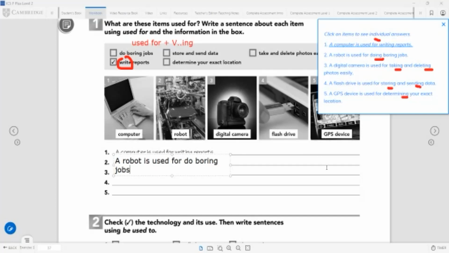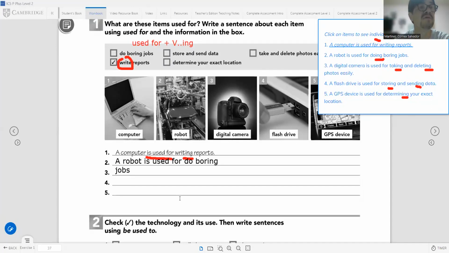That's incorrect. So what you have to do in this homework is, with your pen, make the correction. You say, I had a mistake, teacher. Here the correct word was doing. You make the correction, doing. You have to make the corrections in your book and send your book with the answers.